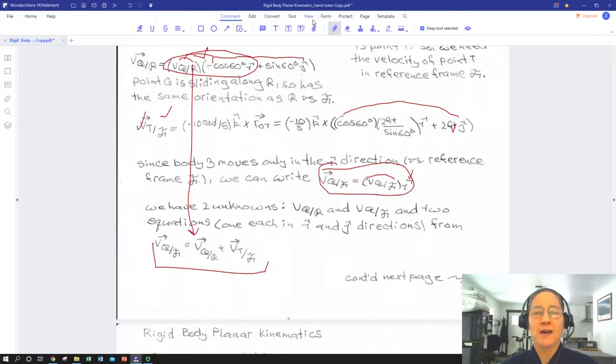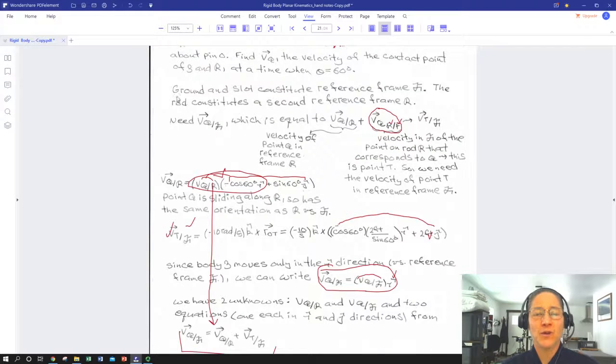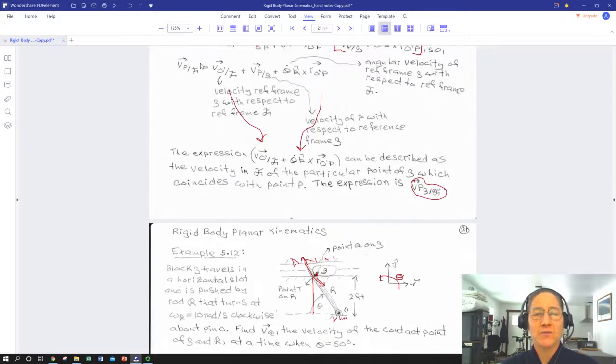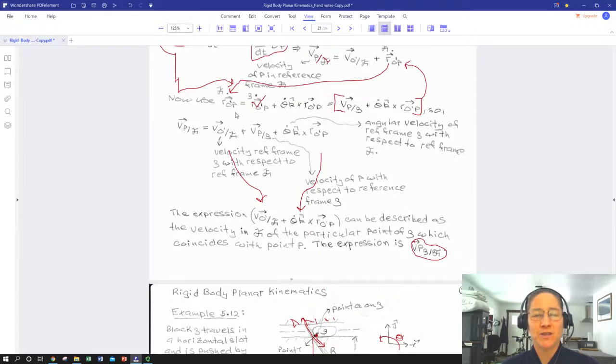So let me zoom out a little and just go over what the key points were. First, we leveraged this expression that we just derived to relate motion of a point from the standpoint of one reference frame, we'll call it a fixed reference frame, with respect to that point's motion within a moving reference frame, and then a collection of one vector and a cross product that describes the motion of our moving reference frame with respect to our fixed.